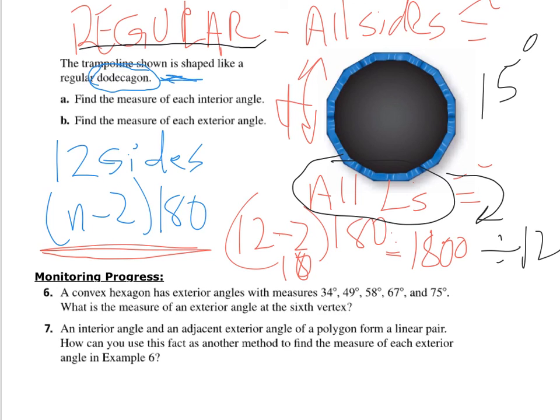But 1800 divided by 12 would be 150 degrees. Okay, 150 degrees, meaning that each one of my angles would be that angle. And when I added up 12 of 150s, or 12 times 150, you would get 1800.